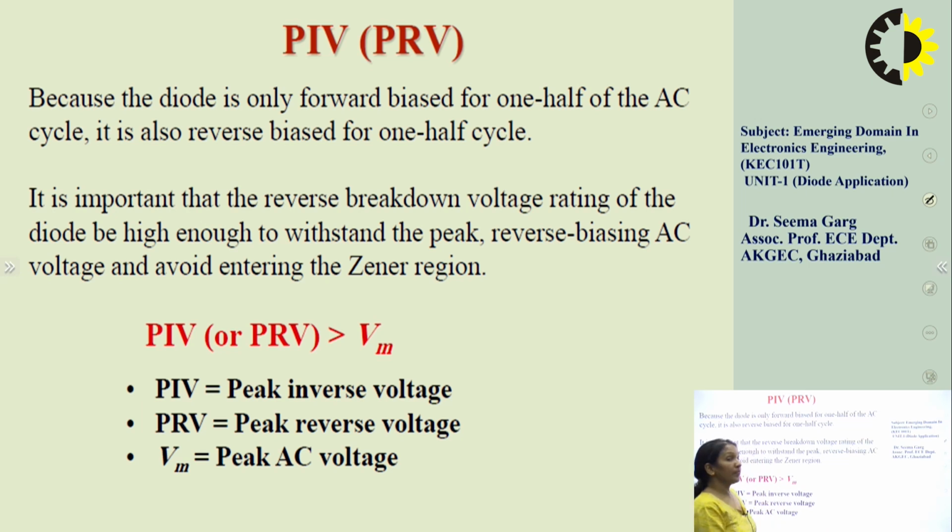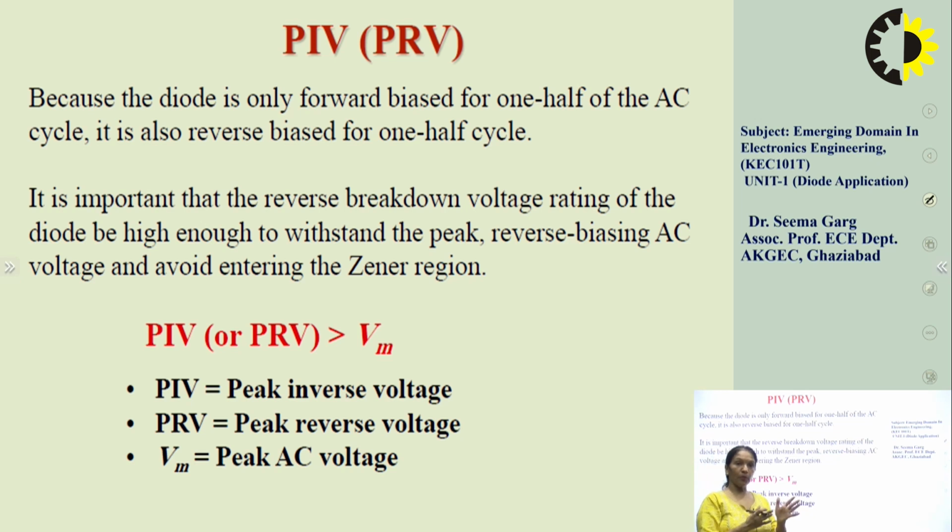So the peak inverse voltage of the diode in the half wave rectifier is Vm. Because what is peak inverse voltage? Peak inverse voltage is defined as the maximum reverse voltage that a diode can withstand during the reverse bias condition.